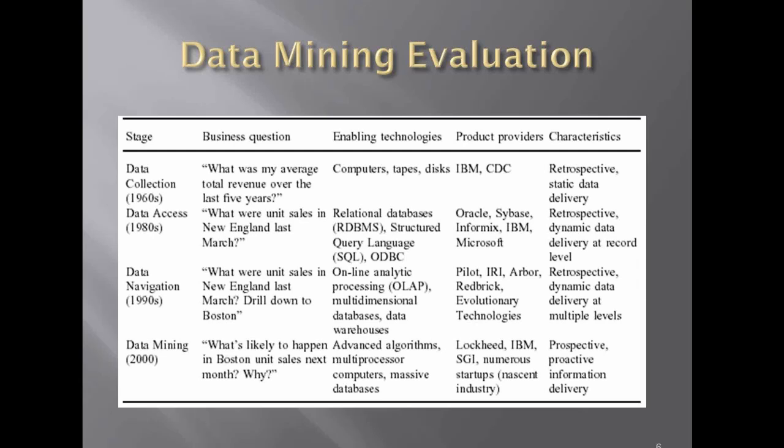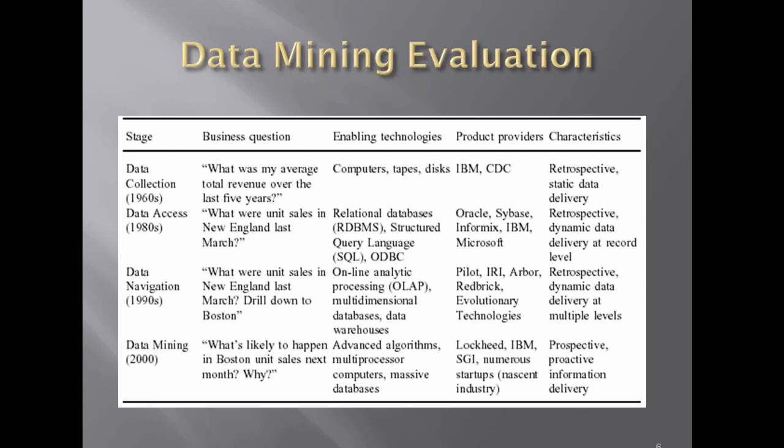The characteristics were retrospective, dynamic data delivery at multiple levels. In other words, level 1 would be a large geography, and level 2 would be broken down into smaller geographies.